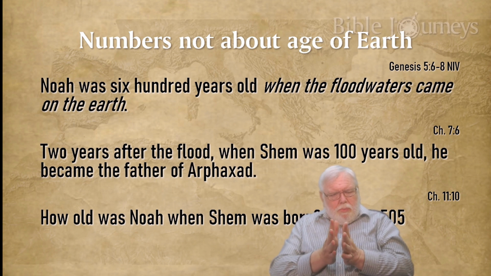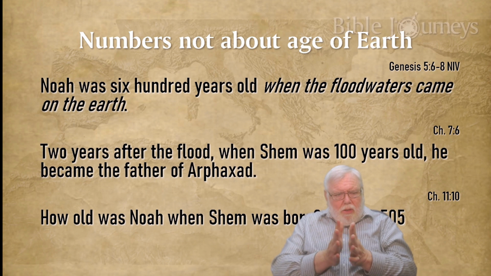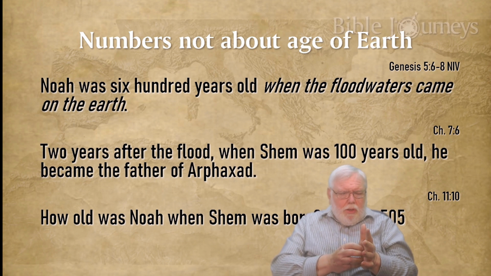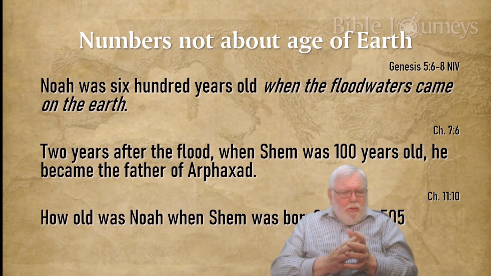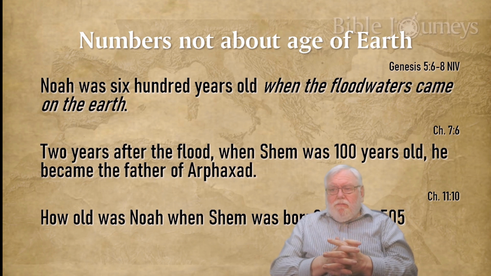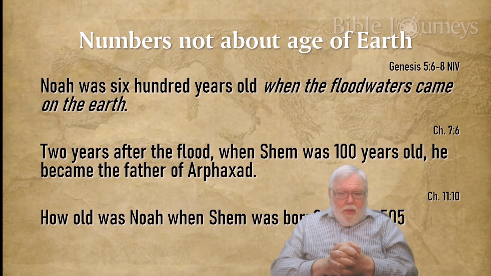So 2 more years, Noah would be 603. And Shem was 100 years old, but it was 2 years after the flood. So he was born 98 years before the flood. And so he was probably born when Noah was about 505. But that link is never explicitly mentioned. Something we can only come up with this way.